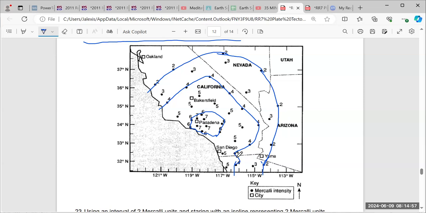Make sure that you connect your dots with all the 4s that we see here. Lines have to either extend to the edge of the map or be a closed loop. If you can't draw a closed loop without crossing other numbers, then just extend it to the edge of the map.